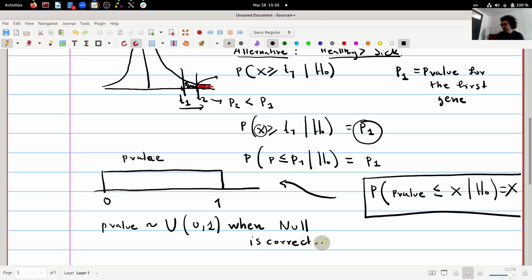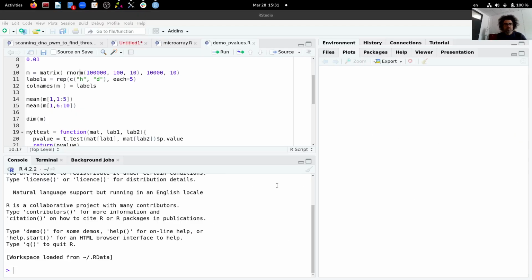Now we can see this also with code in R, doing some small simulation. Okay, let me open R. So here I construct a matrix from 100,000 values. All of them are coming from a normal distribution with mean 100 and standard deviation 10.